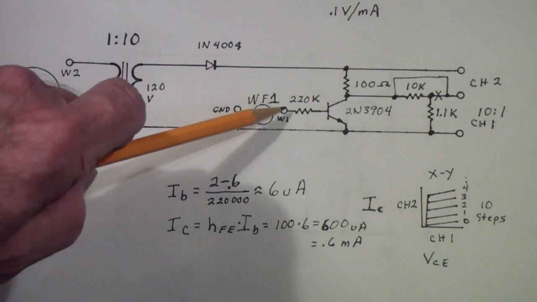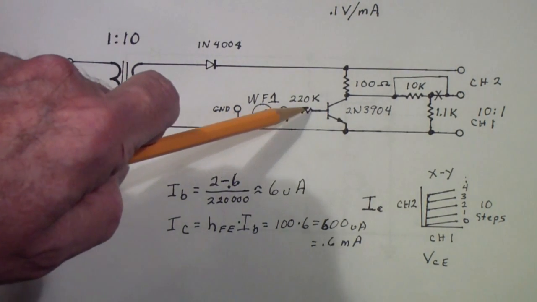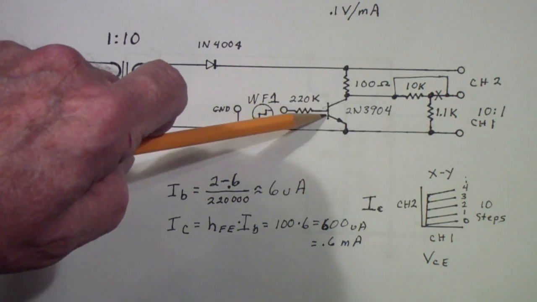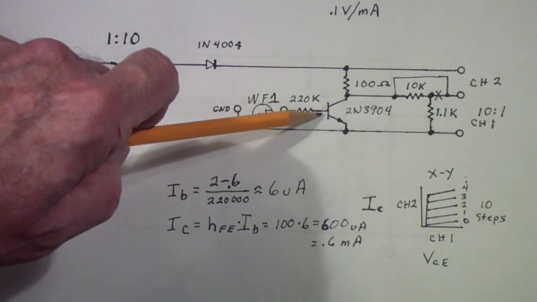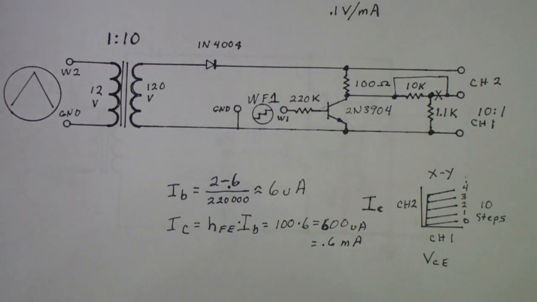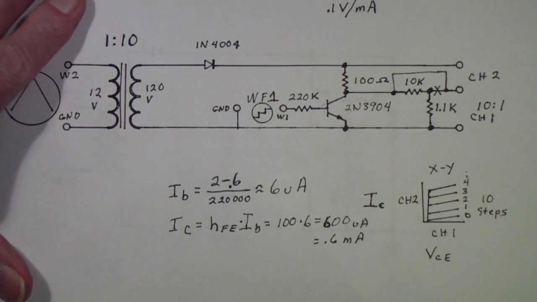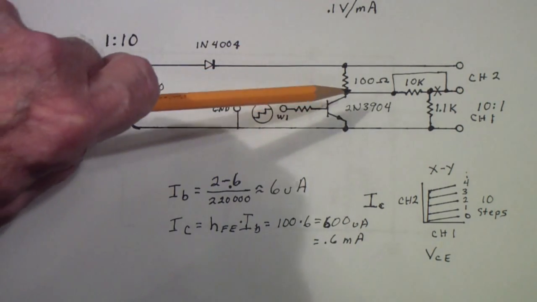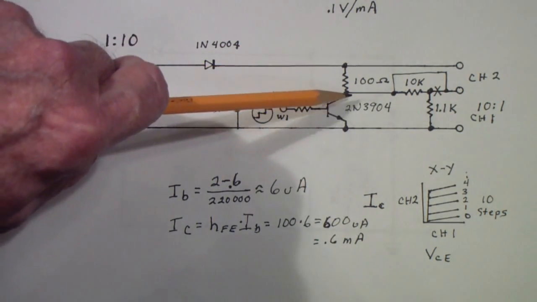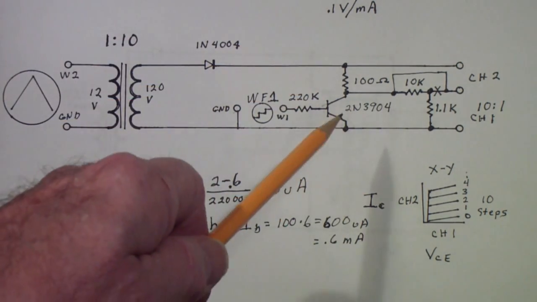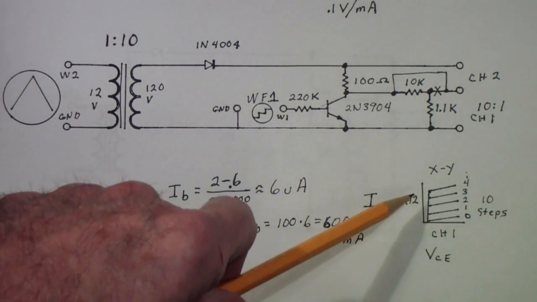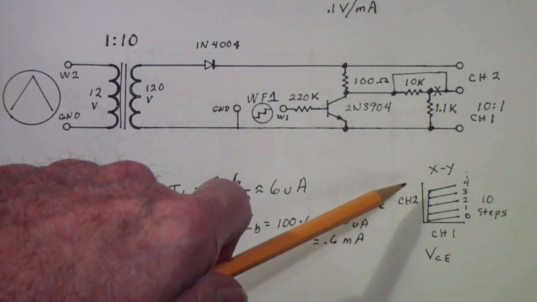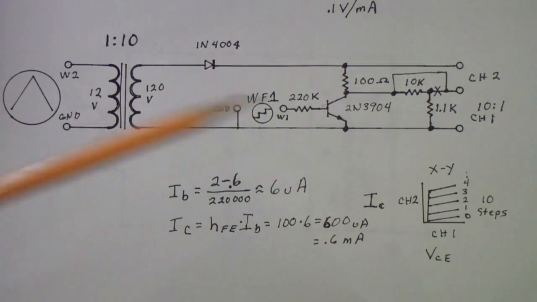Waveform 1 is applying a step voltage through a 220K to the base, causing the base current to step in increments. And then we were sensing the current in this transistor through a 100 ohm resistor that you see here. The result was this family of curves that you see down in the lower right.